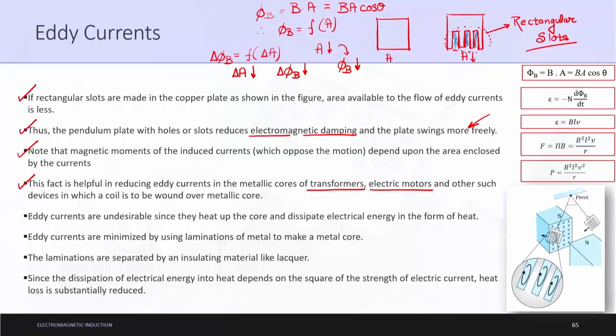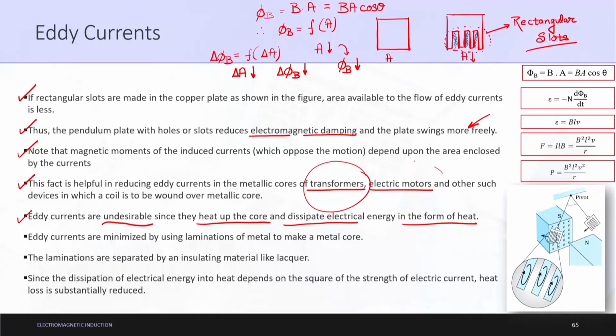Moving on to the next point, eddy currents are undesirable. Why are they undesirable? Since they heat up the core and dissipate electrical energy in the form of heat. Anything which gets heated up either fails or does not work. In our day to day scenarios, when we use coolers in summers, if the motor gets heated up, it does not work and hence we have to replace it.